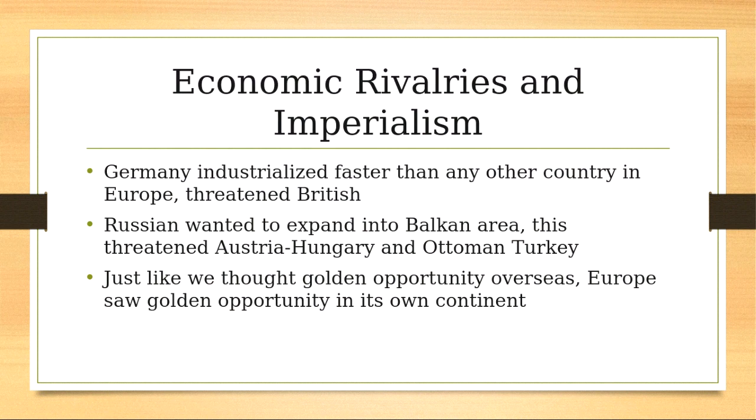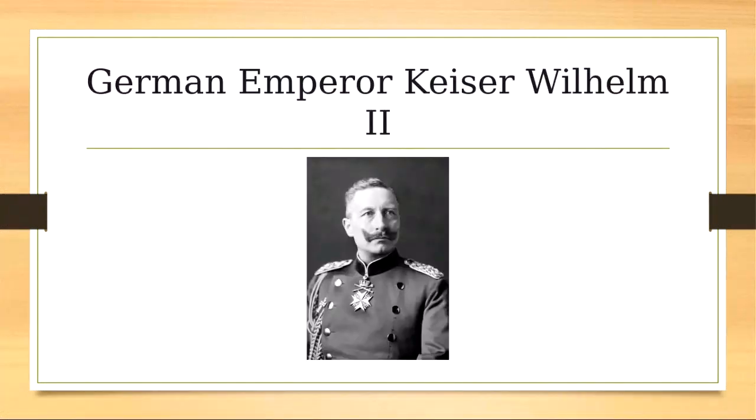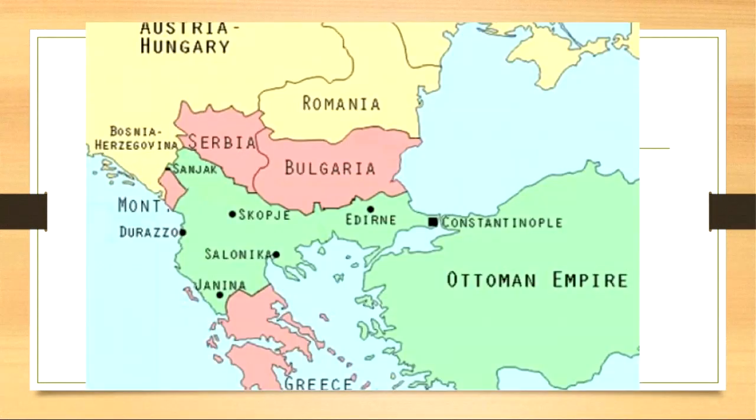These economic rivals and imperialism also play a role. In the U.S., we had Puerto Rico and Hawaii, but in Europe, countries were really close together, so little countries were seen as the prize for bigger countries. And the problem is that if you attack a small country that's next to a big country, that big country might start thinking, are you going to try to attack me next?